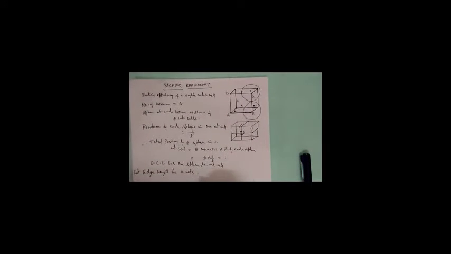Let the radius of the sphere be r units. Along this edge length, the two spheres are touching each other. That is, the edge length is nothing but the radius of the first sphere plus the radius of the second sphere. So a equal to r plus r equal to 2r.